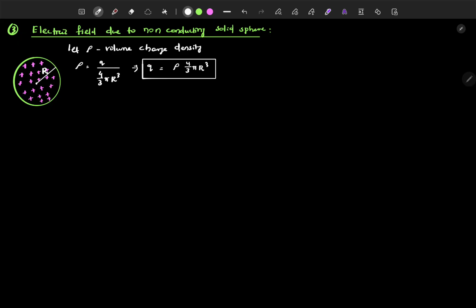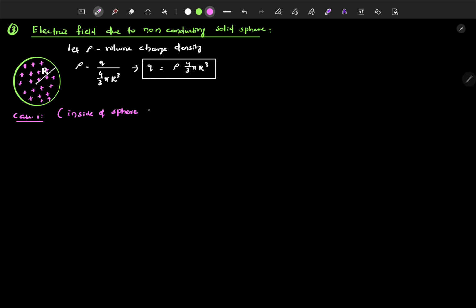Next, for case 1, we have to find the electric field due to the non-conducting solid sphere inside of the sphere. Case 1 is for inside of the sphere. This is not hollow, this is solid.